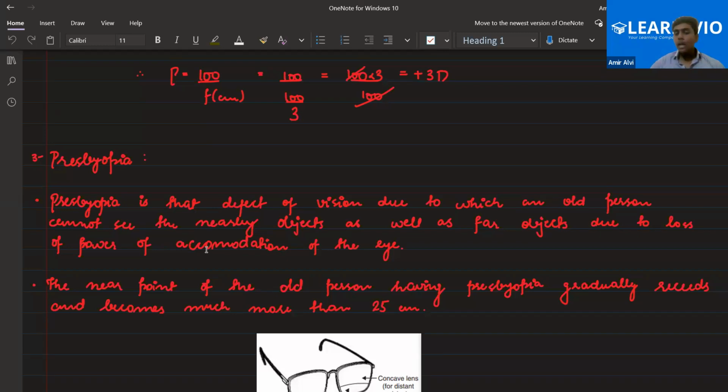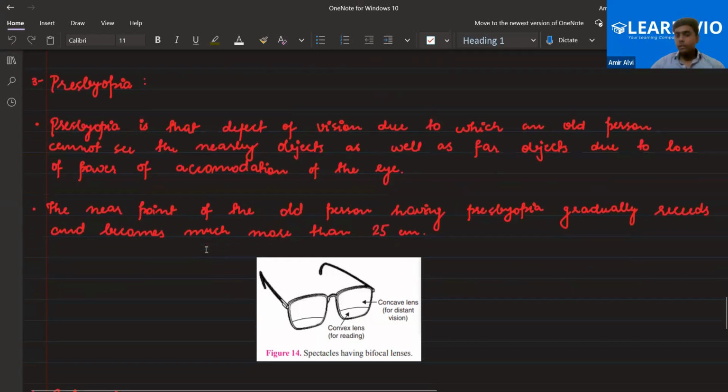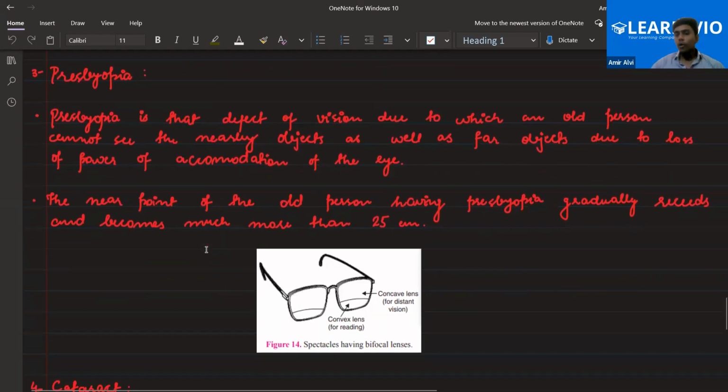So the combination of hypermetropia and myopia is basically presbyopia. So how can it be cured? Not cured, it can be minimized, because when the human body ages, it's not possible to reverse the age of a human body. So this presbyopia will increase day by day gradually.